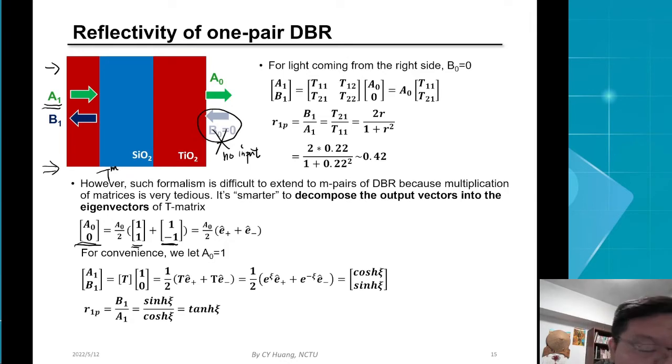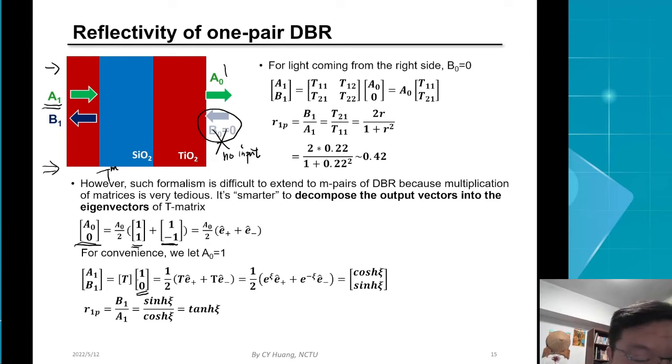Alright, so let's see what happens if the right side is the (1, 0) vector. That means the output power from the right side is 0, but there is no input here.